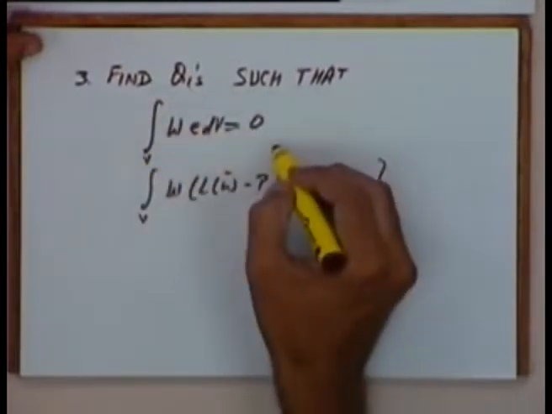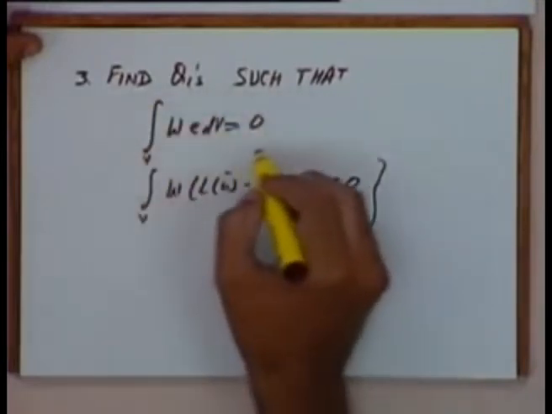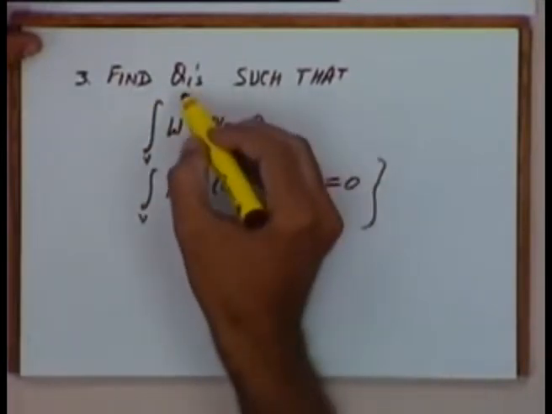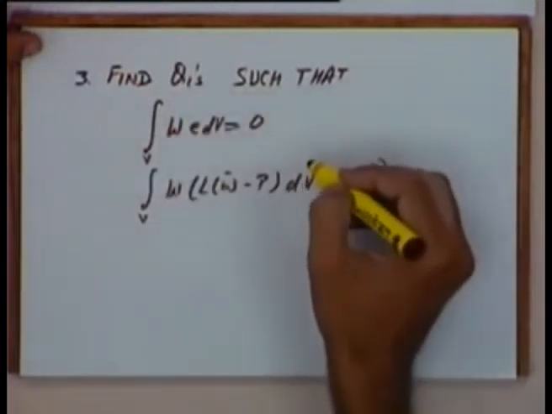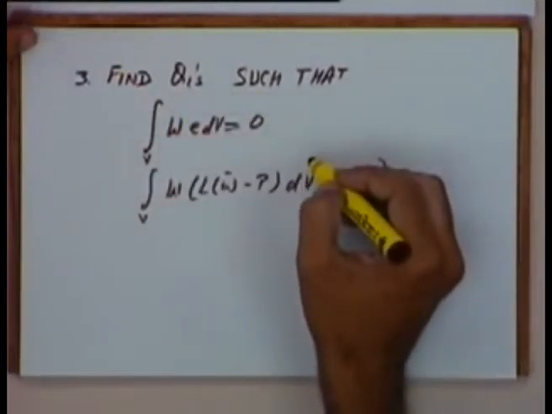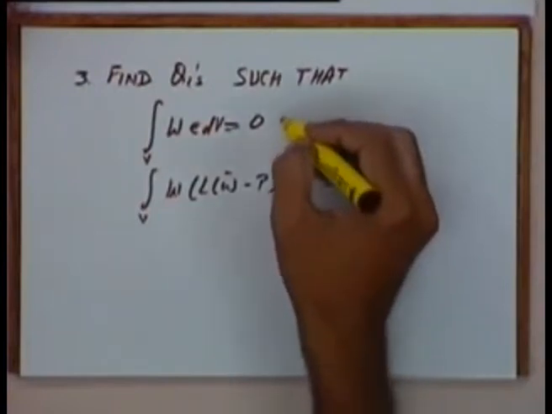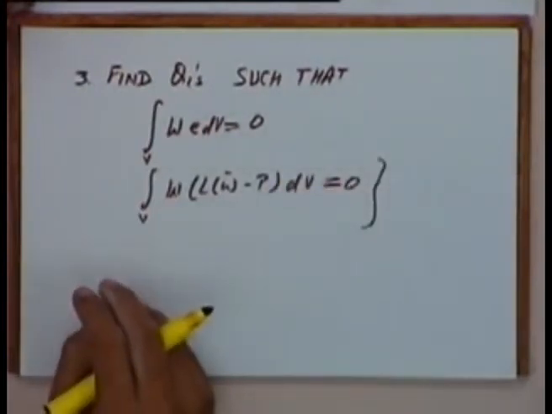As we put this equal to 0, this set of equations will have some variables in it, the Qi's. We will try to get the values of Qi's from this condition. So this is how the Galerkin's approach works.